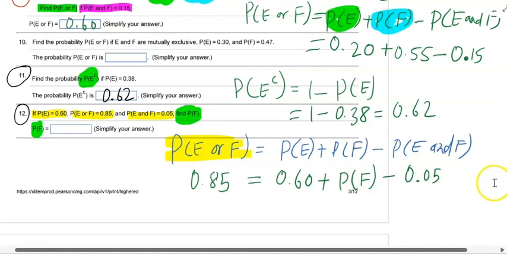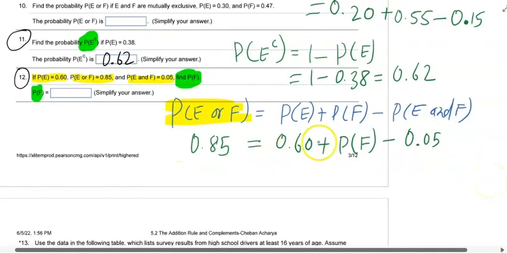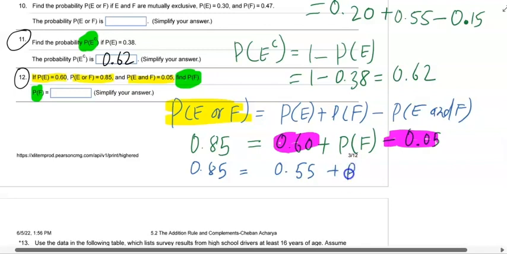Okay, now let's do the math here. You pretty much add this, subtract this and this too. What you get is 0.85 equals 0.55 plus probability of F. Notice that 0.60 minus 0.05 is 0.55.